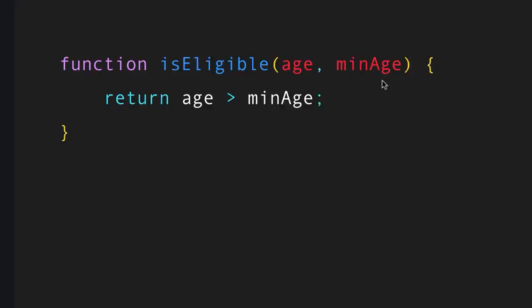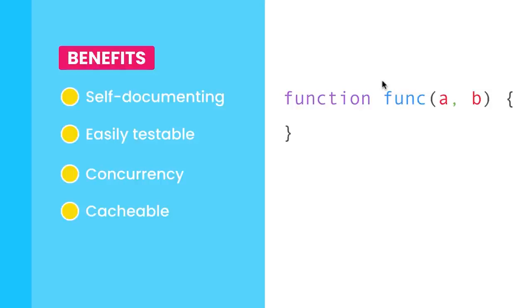Now, what are the benefits of pure functions? Well, the first benefit is that these functions are self-documenting because everything a function needs is clearly specified here. Now, this makes these functions easier to test because we don't have to set some global state prior to testing these functions. Also, because we don't use global state or change it, we can run these functions in parallel. And finally, another benefit of these functions is that they're cacheable.